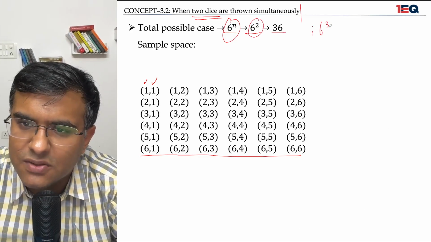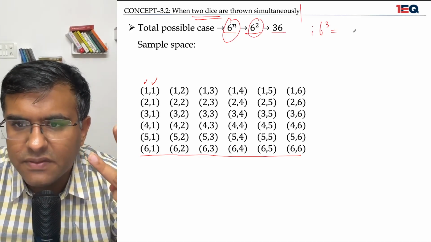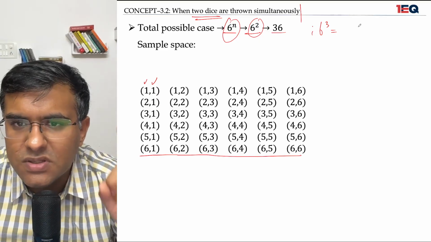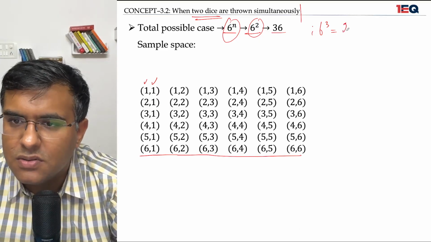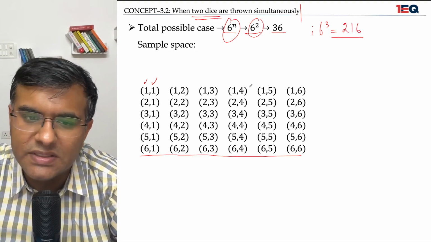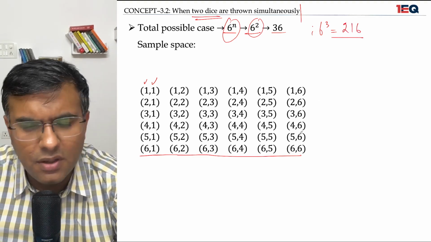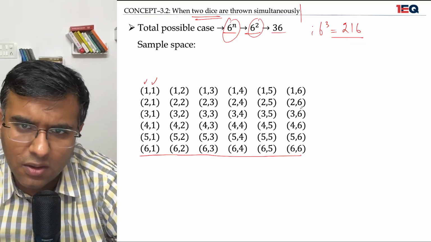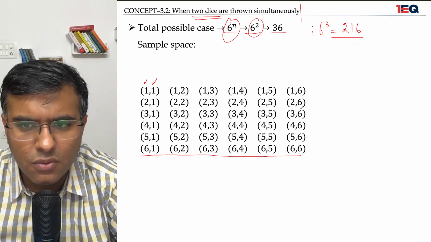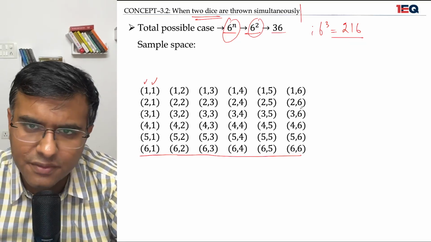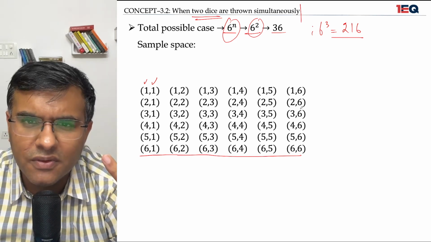Similarly, it could be 6 cubed as well if there were 3 dice available, or one dice was thrown thrice. 6 cubed is nothing but 216, and this is the sample space. If you can remember it, it will be good. If you can't, it's okay. It will be logical enough for you to remember. It's not very difficult.